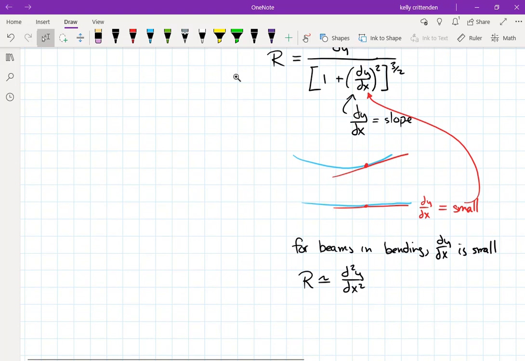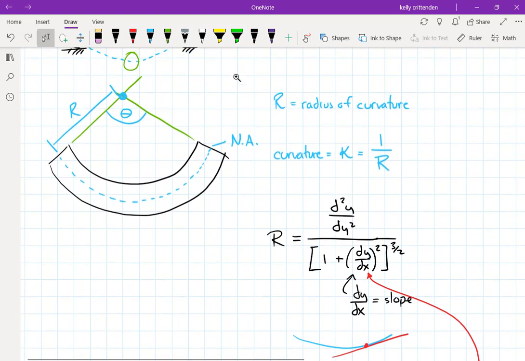You know, I can't just integrate this thing. I have to have an equation in there. So going back to this, I said earlier that the neutral axis is not strained. There's no stress, there's no strain on the neutral axis, but above and below it, there is stress and strain.